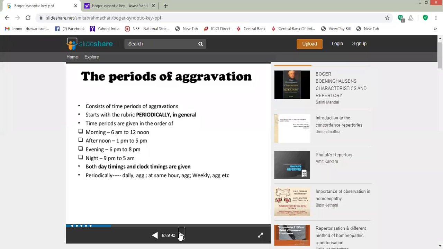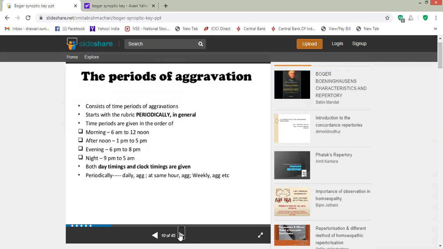Then in front of evening, from 6 p.m. to 8 p.m., all the aggravations related to this period are given. And then in front of night, from 9 p.m. to 5 a.m., all the aggravations are given.